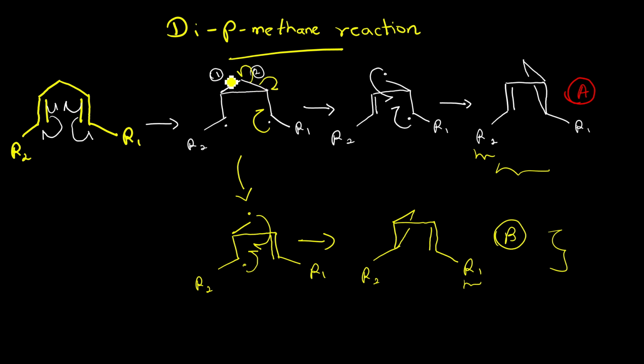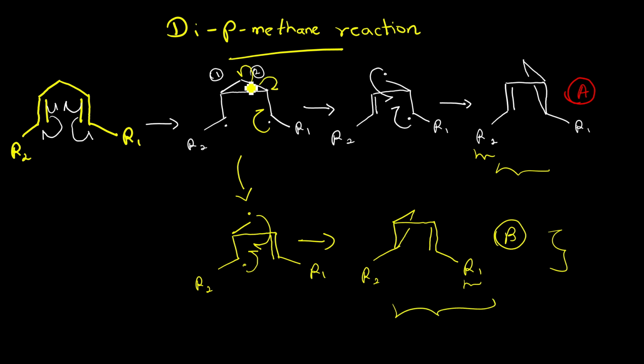Let's say this first bond is stronger compared to the second one. In that case, the second bond is the one that tends to break, and through the breakage of the second bond the mechanism goes this way, and you have the product B.